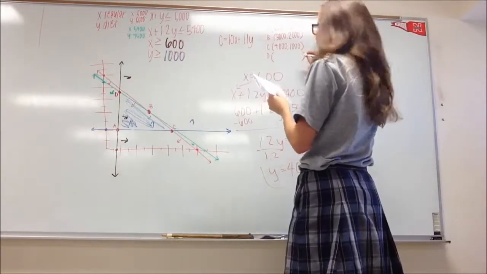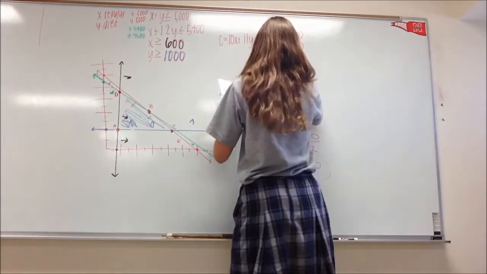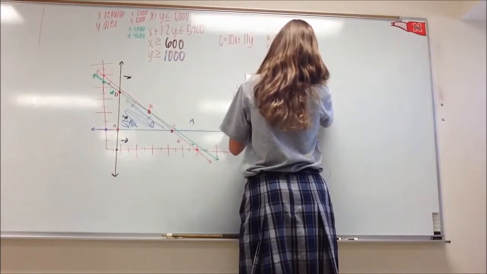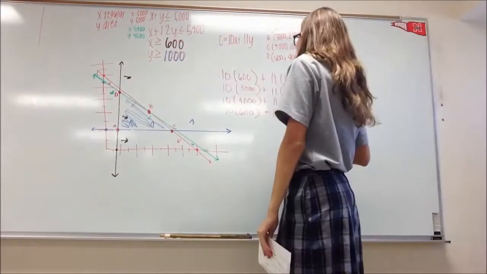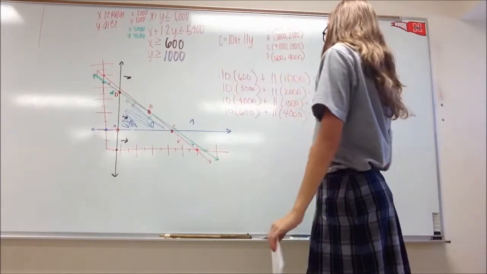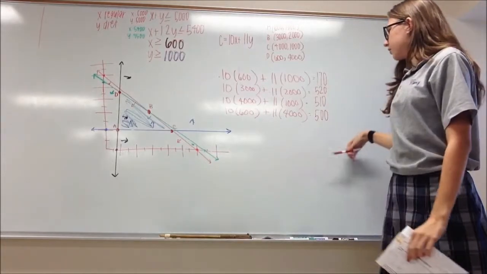So D is 600, 4,000. Then we plug all our points into the objective function, which gives us our answers.